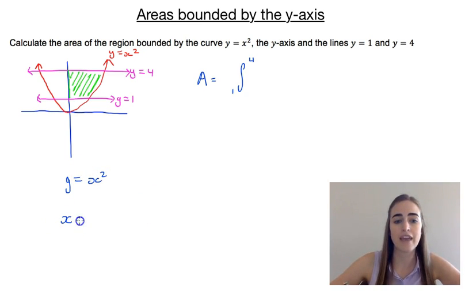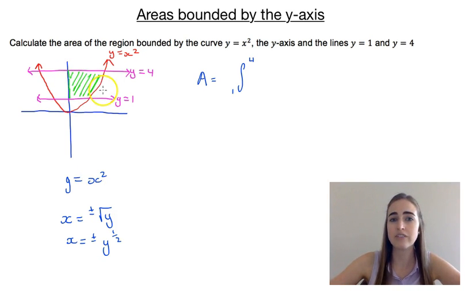So we're going to have x equals, to get rid of that squared we'd have to square root, so we'd have plus or minus the square root of y, or plus or minus y to the power of a half. Now we only care about this positive side of things, because we're only looking in that first quadrant, so we're just going to look at the function x equals y to the power of a half.